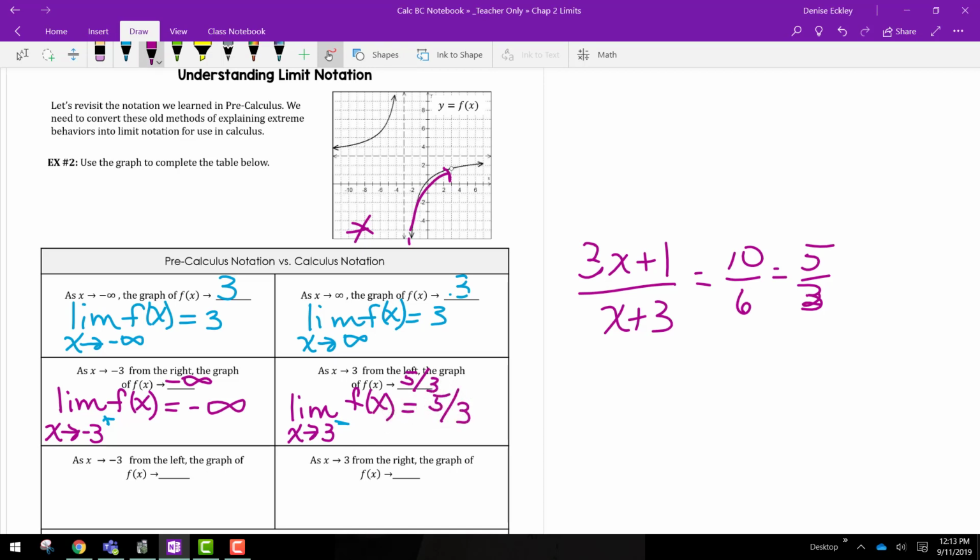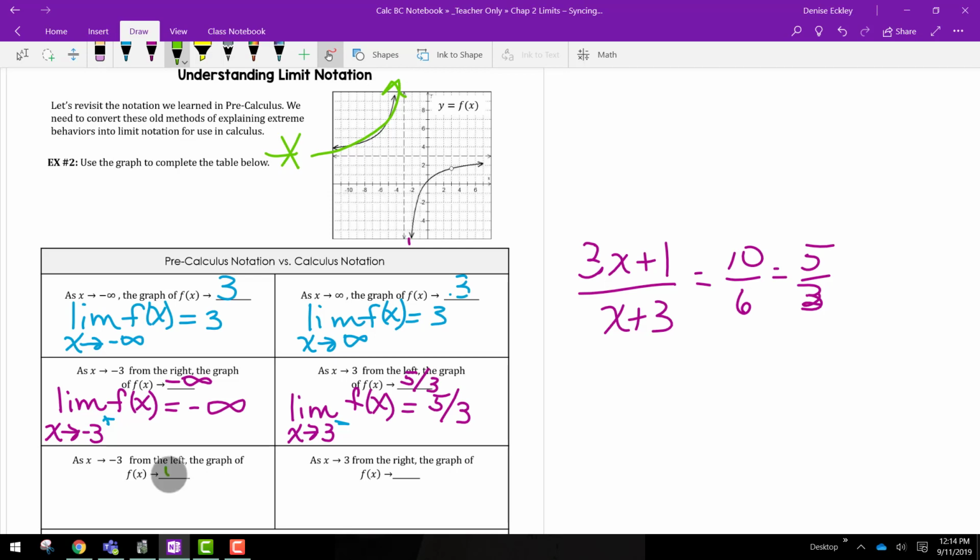Understand that the value of the limit and the value of the function don't always have to be exactly the same. Okay, and then finally our last two. We're doing the limit as x approaches -3 from the left of the graph of f of x. This time we're coming from the left-hand side over here, and we're approaching -3 along the curve, and we see the values keep getting bigger and bigger and bigger.